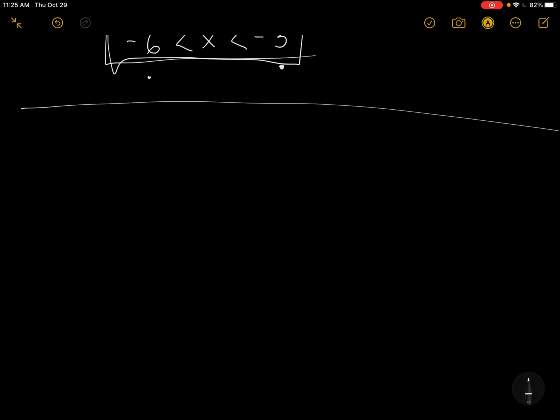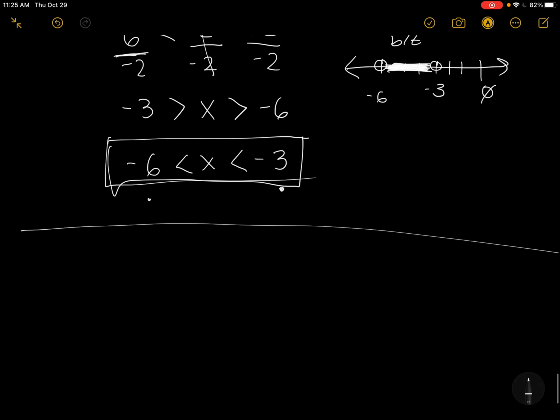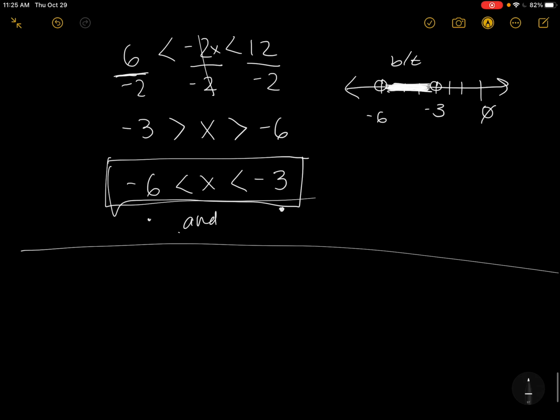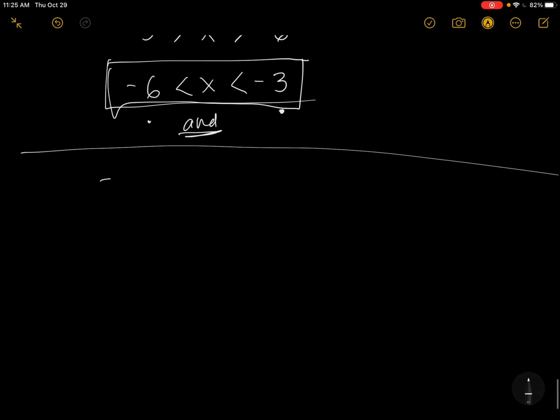Another one you might see is an or one. So when you have this, this is kind of like an and. So x is less than 3 and x is greater than -6. Okay, you could think of this as like an and. You might see something like or.